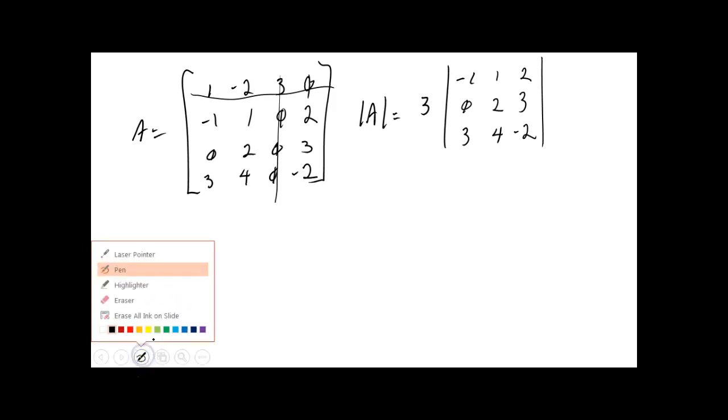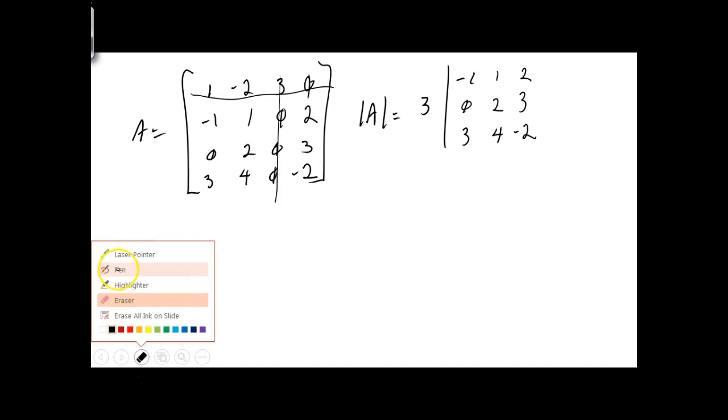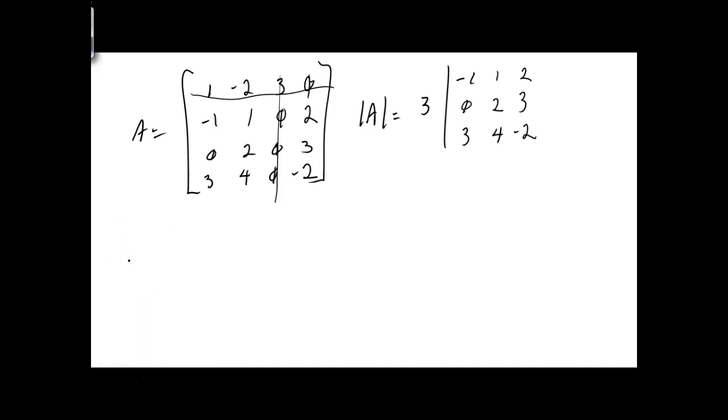I'm going to wipe out this bar, okay? And what I'm going to do is sort of augment this with the first two columns again. -1, 0, 3, and 1, 2, 4.